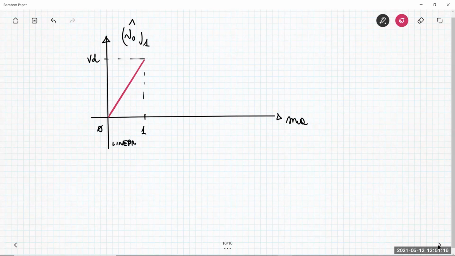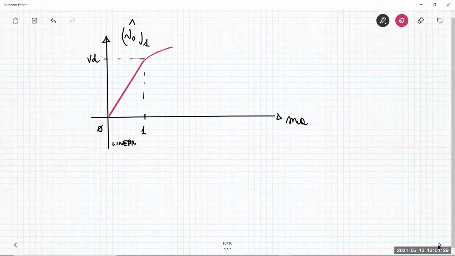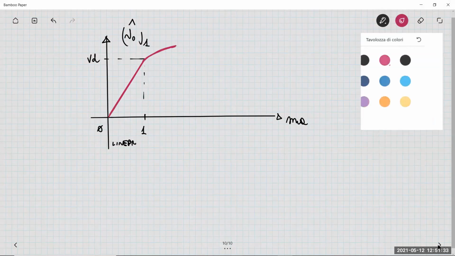Okay. Then you have an intermediate situation in which the control voltage is allowed to exceed the peak value of the triangular waveform, in which you can increase a little bit this output voltage up to a certain point.